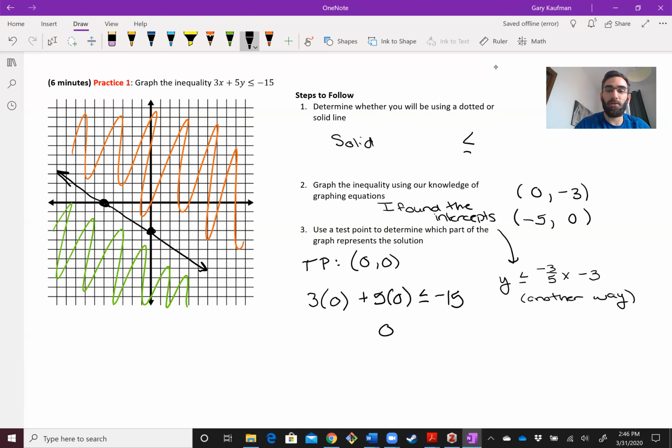That becomes 0 is less than or equal to negative 15. This is a false statement. So wherever 0, 0 is, which is the orange side, is therefore false. I don't want to shade false, I want to shade true. So therefore, this is the graph of my inequality. Make sure if you have any questions on this that you're coming into Google Meet to ask me.